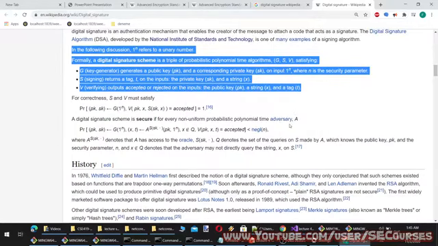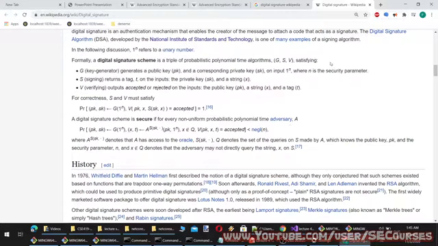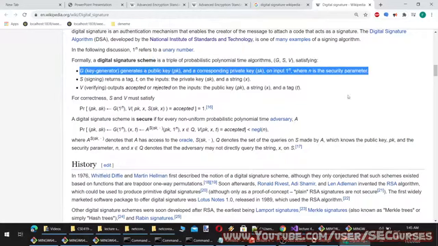In the following discussion, 1^n refers to a unary number. Formally, a digital signature scheme is a triple of probabilistic polynomial time algorithms, G, S, V, satisfying: G, key generator, generates a public key, PK, and a corresponding private key, SK, on input 1^n, where n is the security parameter.